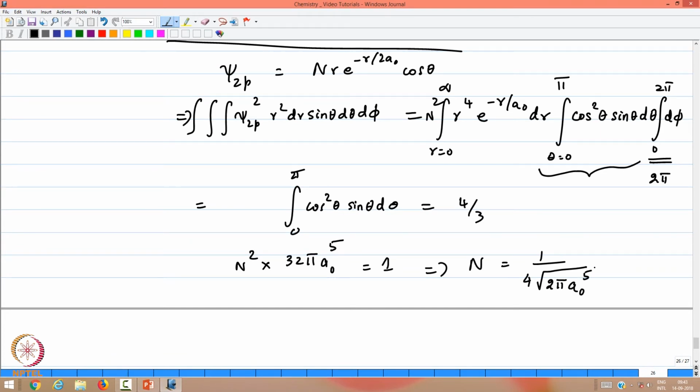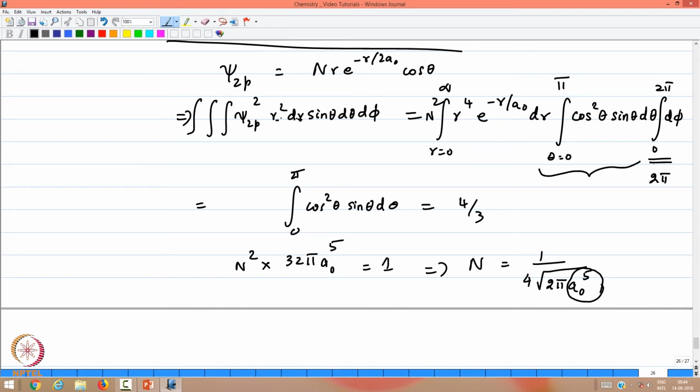The normalization constant involves a naught raised to the power 5. That is important to recall, because you remember the wave function has the radius and therefore length coordinate, and the integral contains r square dr. Therefore, the wave function square will contain the length square, and the r square dr will contain a length cube.